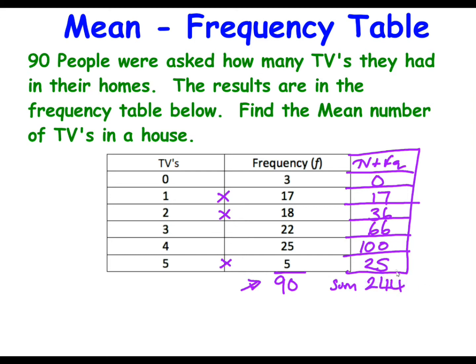So that's the total number of televisions in those 90 houses. So to calculate our mean, you take the total number of televisions, which is 244, divide it by the number of houses we looked at, and that gives us 2.71 recurring. So the mean number of televisions per house is 2.71111.